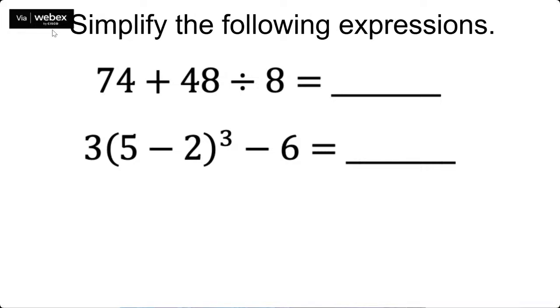We're getting two different answers, so I'm going to ask everybody to check your answers now and make sure you're following PEMDAS. Drop your final answer in the chat.